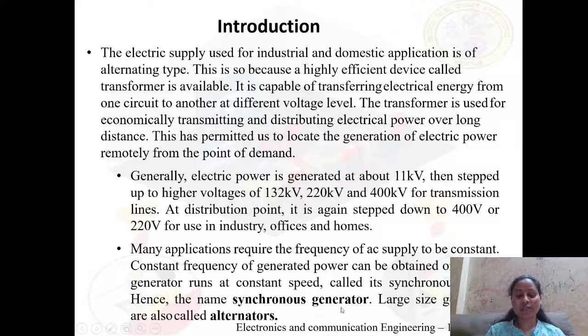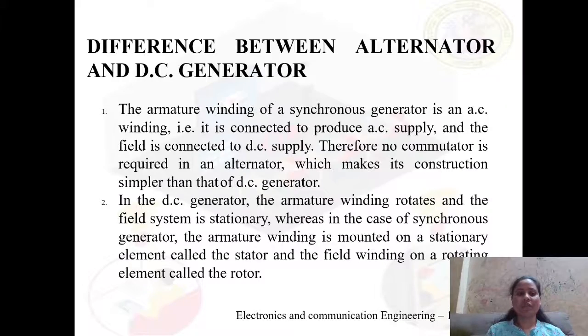That is, the generator which runs at some constant speed, we call a synchronous generator. We also call these large generators alternators. So what is the difference between an alternator and the DC generator?